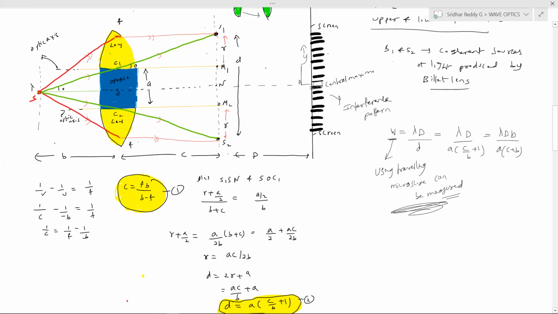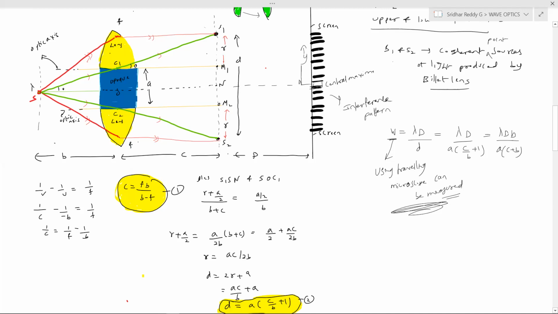Next, what you have to ask is, sir, is it a fringe pattern? Will it be like this? No, I should not say interference pattern. The interference region pattern will not be rectangular bands, because S1, S2 are coherent point sources. So the pattern will not be like this, it will be alternate bright and dark rings.